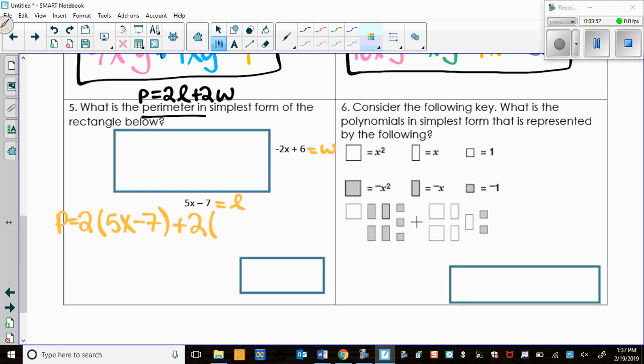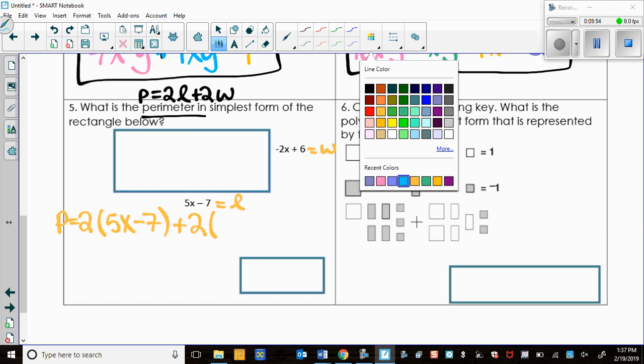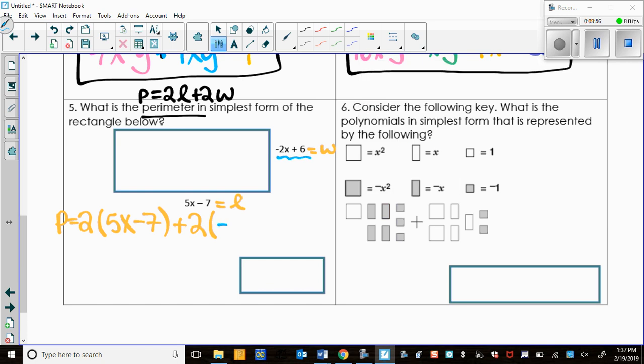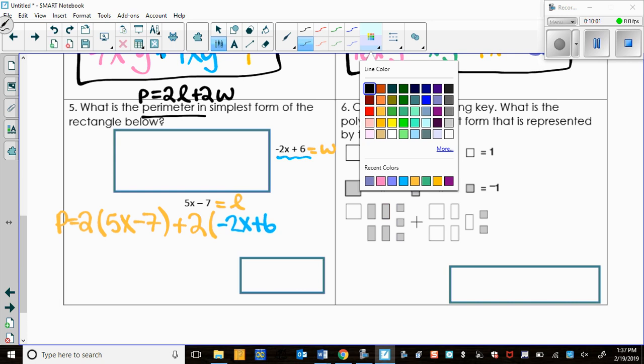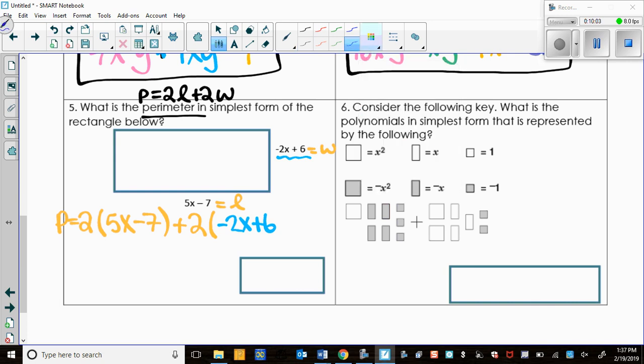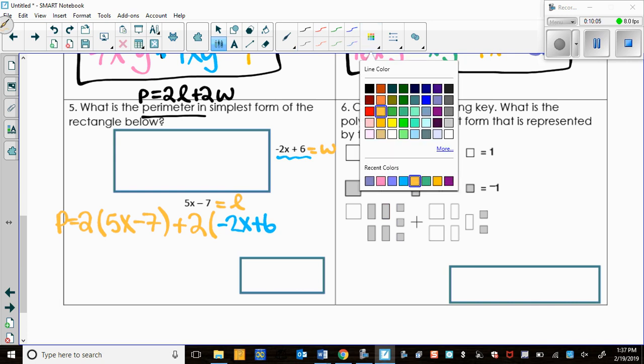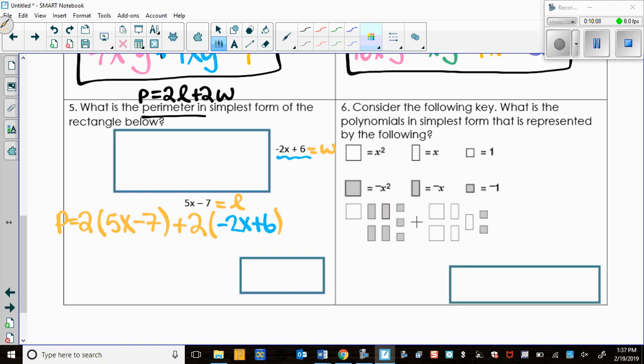Let's use a different color here. Let's make this one blue, negative 2x plus 6. And then, oops, I want to use orange. That's basically my equation.